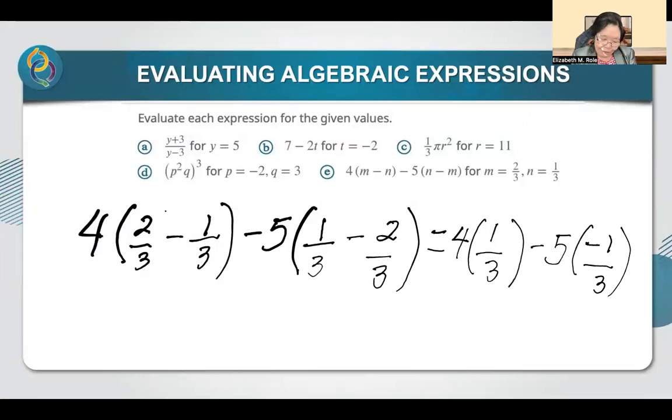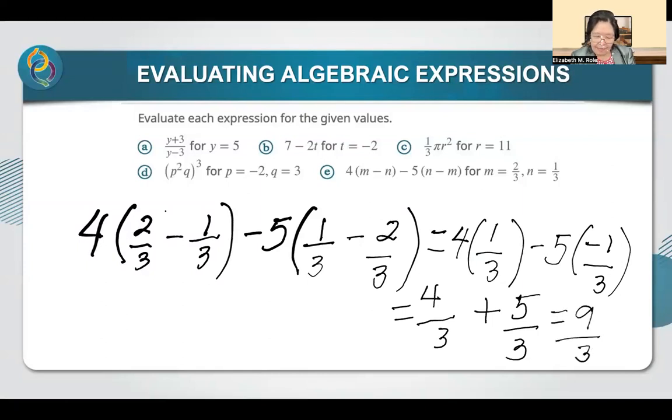Then we multiply 4 times 1 over 3 is 4/3. But then you have negative 5 times negative 1. That will become a positive, following our rules for signed numbers. And so 4 plus 5 is 9 divided by 3. And therefore you get 3 as an answer.